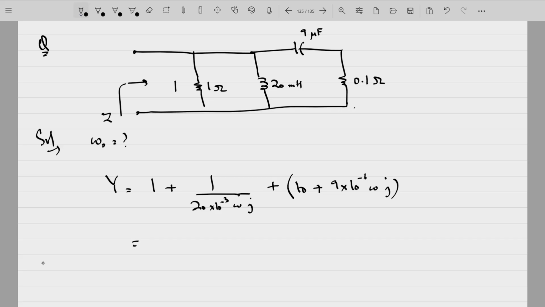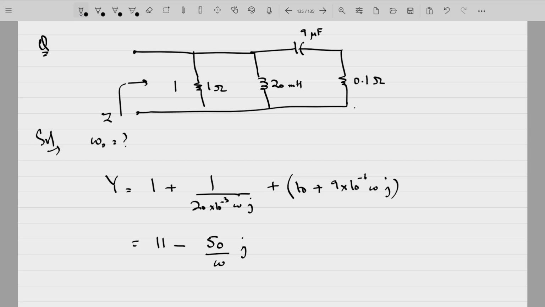So this is equal to 11 minus, this is 1000 divided by 20, 50 by omega j.